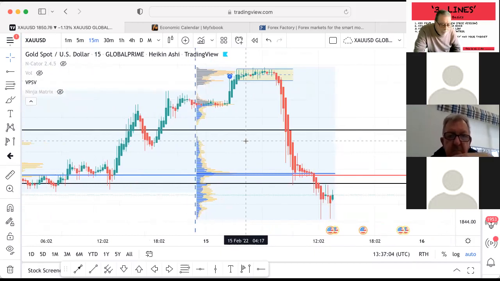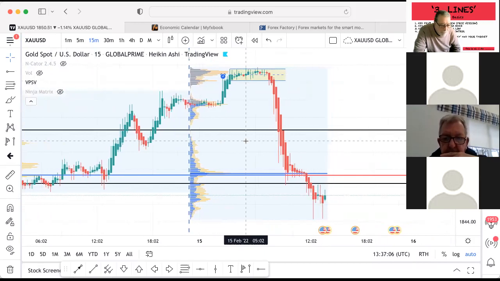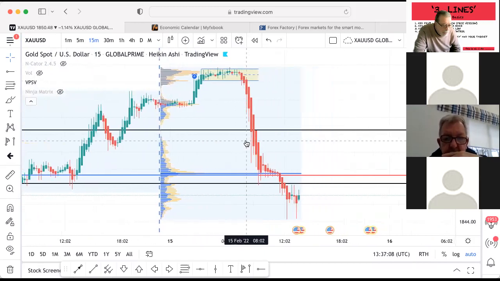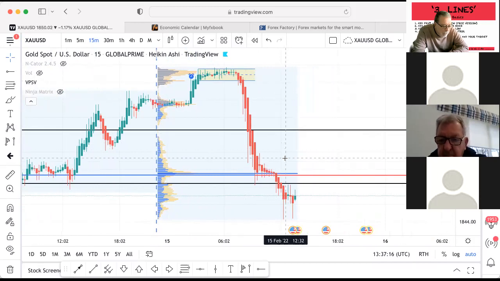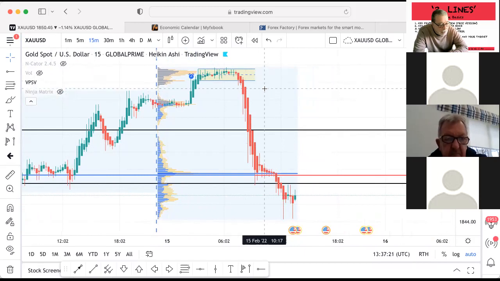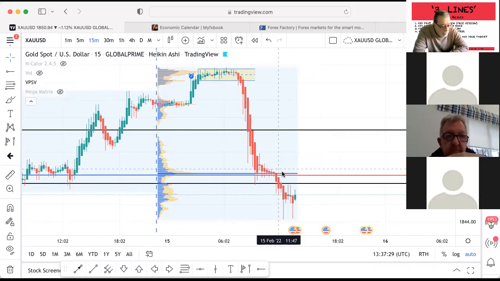Today's POC hasn't formed yet. Today's POC is still forming, which is why we tend not to focus on it, because it has changed since I last looked at the charts. When I first looked at the charts this morning, it was up in this area here, and over the last few hours it has moved itself down there.